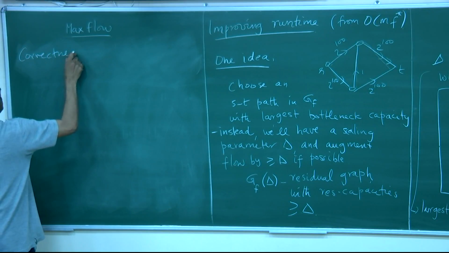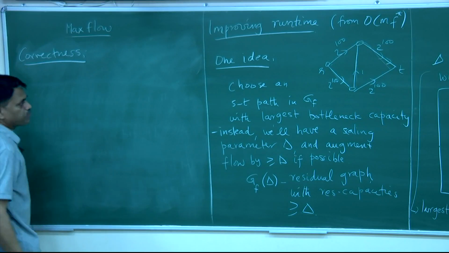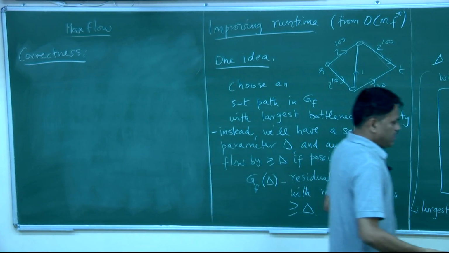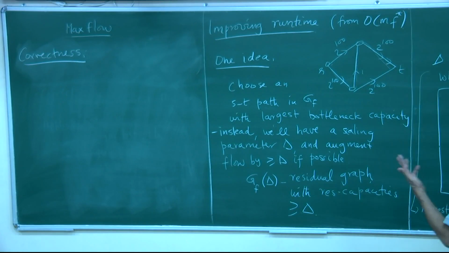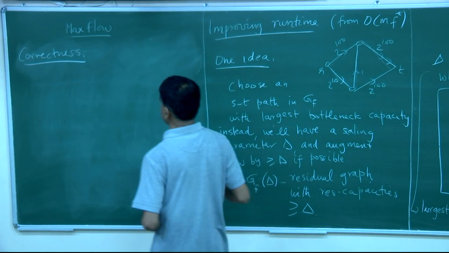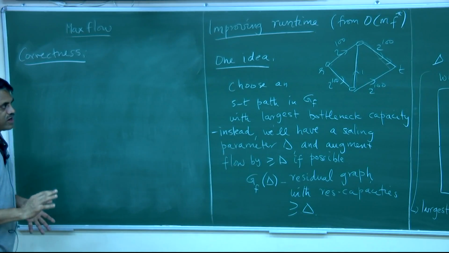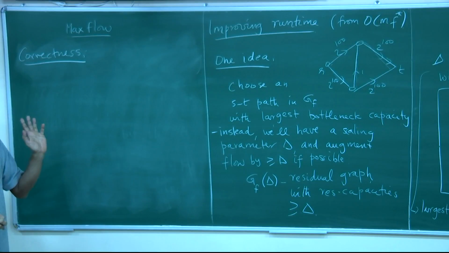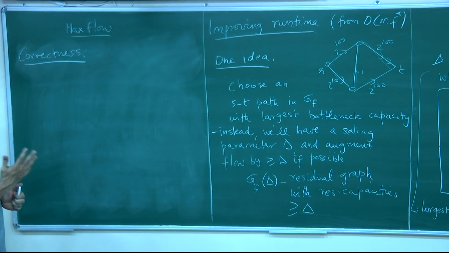I mean, our hope is that the running time is much better than this. We'll come to that. But first, let's make sure that we have a correct algorithm. This is actually an implementation of Ford-Fulkerson. Really, why is it correct? What's a one-line argument for correctness?